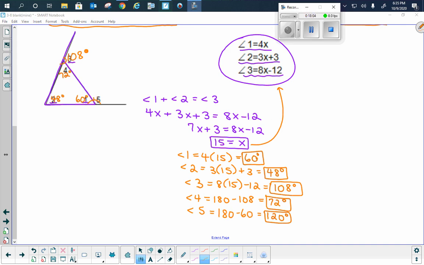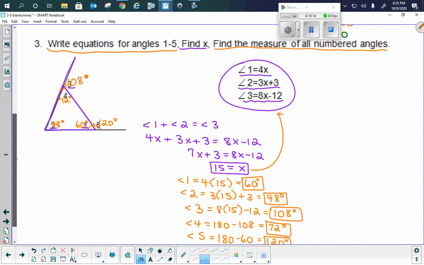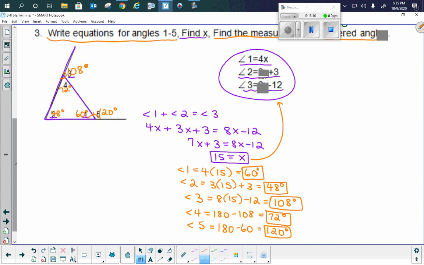And I will go ahead and place that in the picture as well. So now everything is labeled in the picture, guys. The more you can draw in the picture, I think the more it helps you. And just keep writing those equations and practicing with that exterior angle formula.